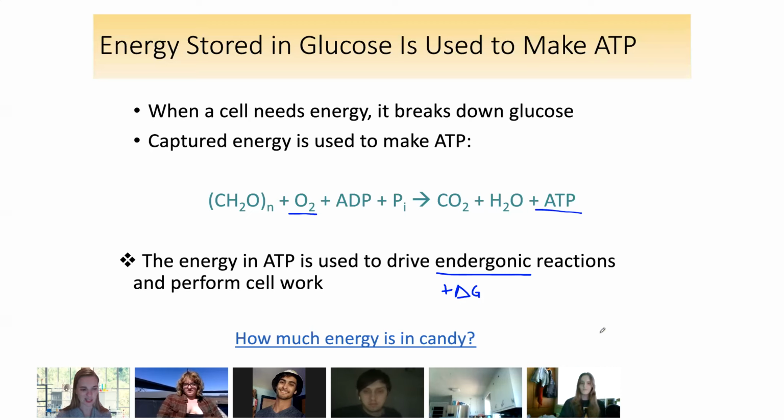And if anyone's interested in knowing just how much energy is in a glucose molecule, I have a YouTube video here that you can watch on your own time, where they release all of the energy inside of a gummy bear all at once. That will be your little prelude into why we have to do cellular respiration in a bunch of little steps. Because if it happened all at once, we would look like that poor little gummy bear.